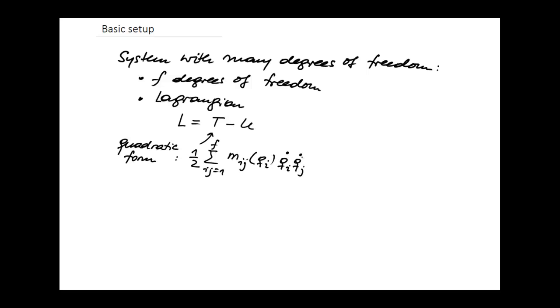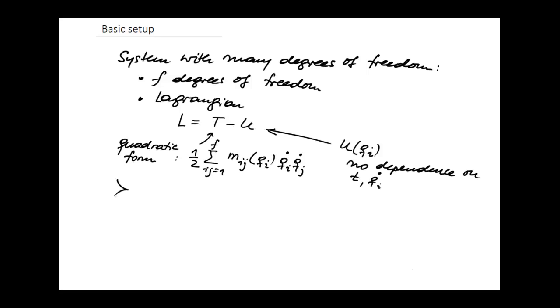And for the potential, we are assuming that the potential U depends only on the configuration, but it does not depend explicitly on time, and it also does not depend on velocities.